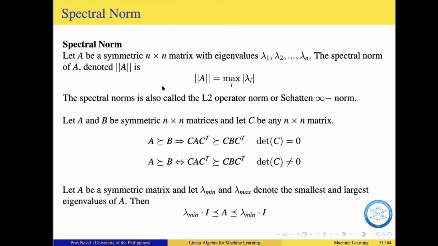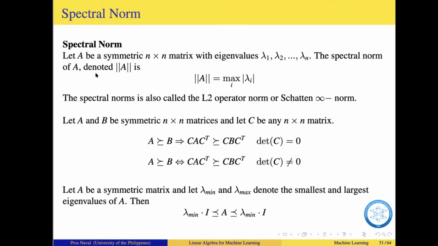Spectral norm. The spectral norm is defined in terms of a symmetric n by n matrix A. Let A be a symmetric n by n matrix with eigenvalues lambda 1 to lambda n.